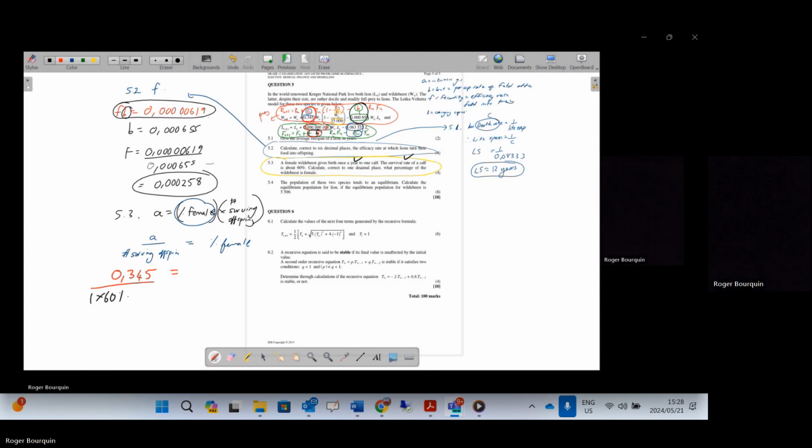So that's the number of surviving offspring, 1 times 60% per female. That's going to give us the percentage of females in the population. Put that into your calculator, and they want it as a percentage to 1 decimal place. Well, you get 0.575 in your calculator, so it's 57.5%. Righty.